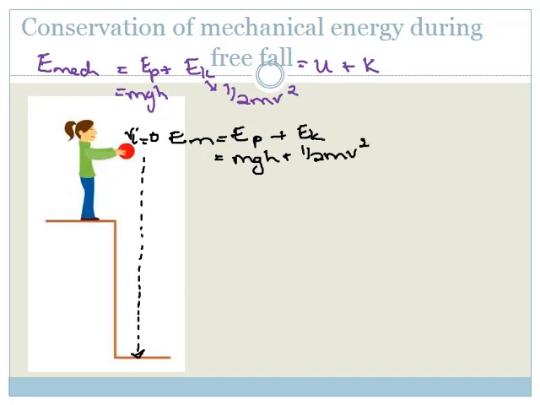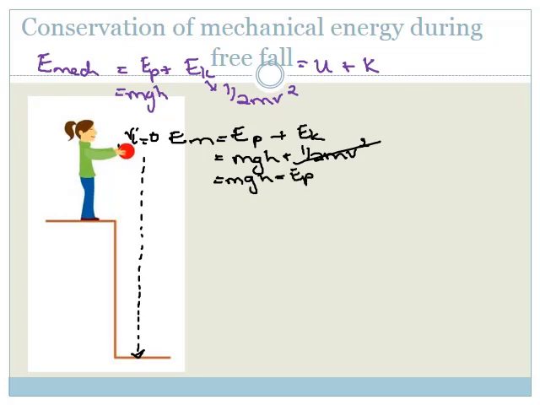But there is no velocity. So therefore, the total mechanical energy at the top of this distance, if the ball is dropped, is just equal to mgh, which is equal to EP.